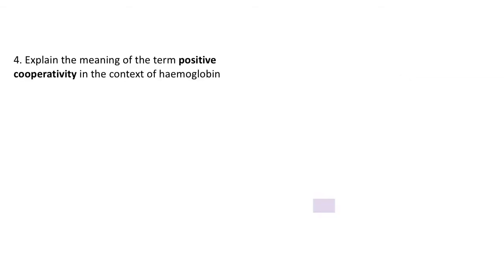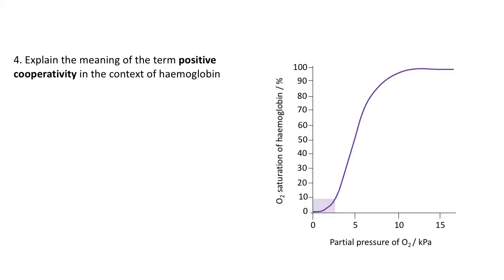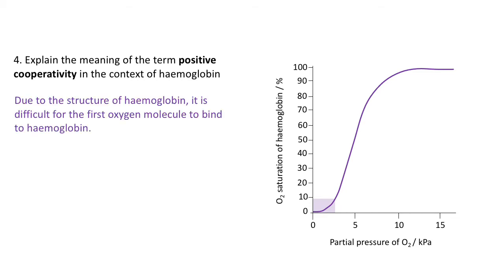So question 4, positive cooperativity. So your answer should look like this. Well, we start with the graph. And so I'm showing you the first part of the curve there, which relates to the first part of your answer. So that very shallow slope in that first part that I've put a box around of the graph reflects the fact that it's difficult for that first oxygen molecule to bind.